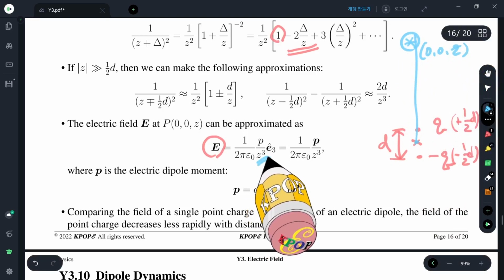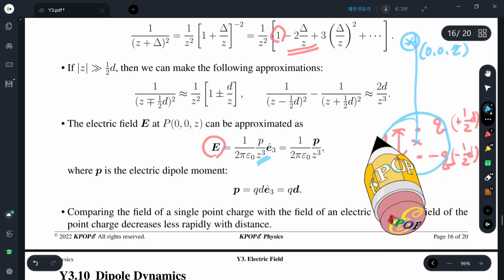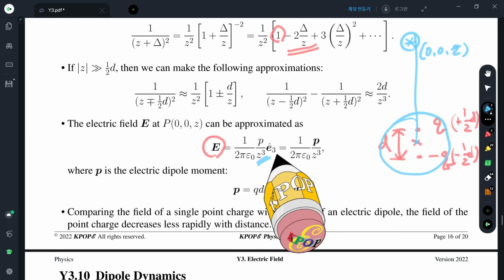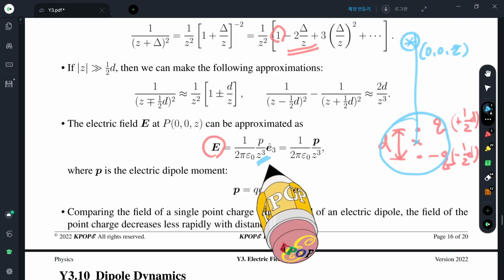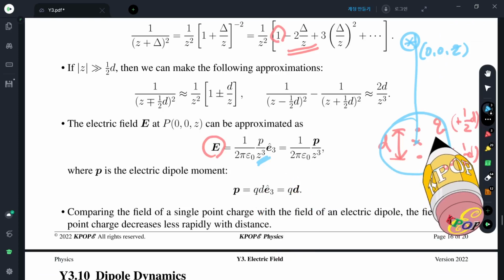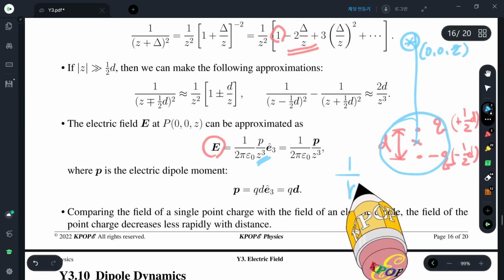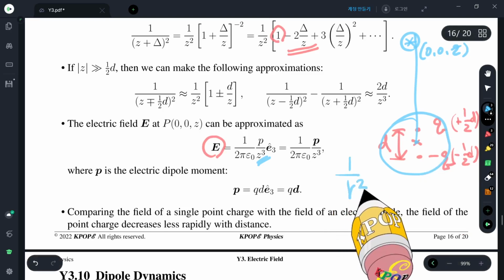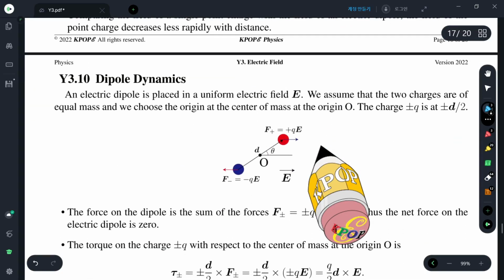Instead, it is proportional to 1 over distance cubed. So the electric field due to the electric dipole far away from the charge distribution is much, much weaker than that of a single charge. A single charge is just a point charge, proportional to 1 over r squared. That is the inverse square law.